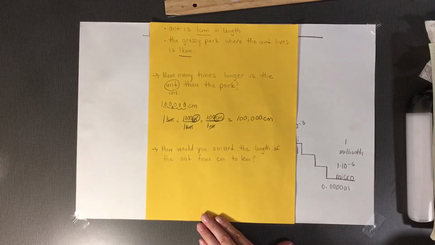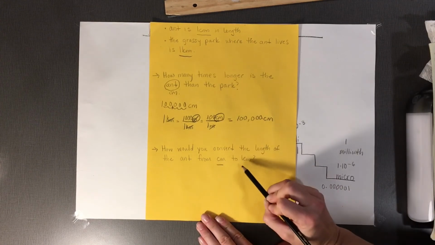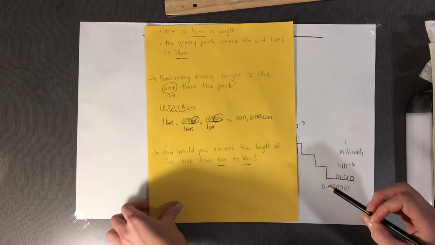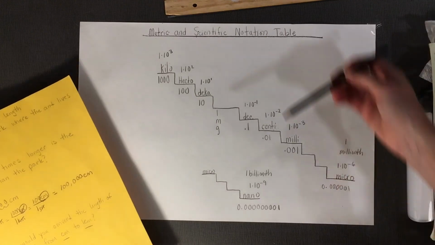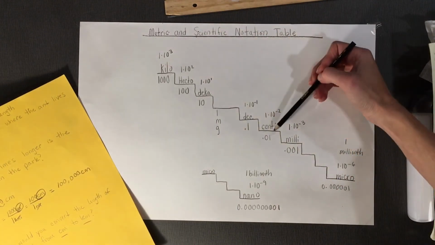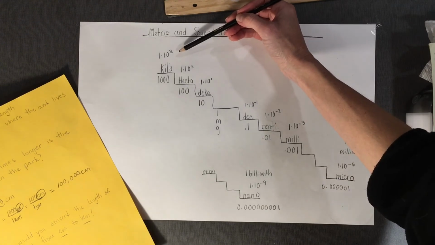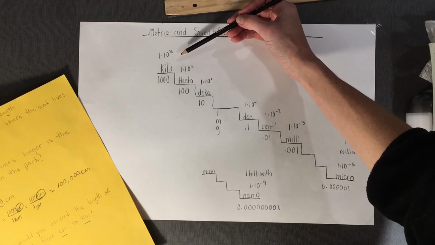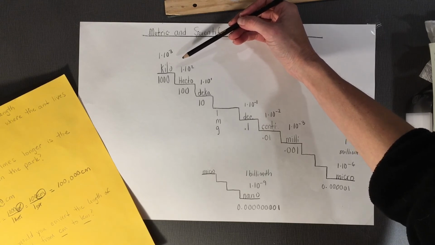The next question in the book on page 46 is how would you convert the length of the ant from centimeters to kilometers? Let's look at your step ladder. Now you're going from centimeters to kilometers. You're going to go up the steps. So when you go up the steps, your decimal point moves, so your number gets smaller. It's opposite.